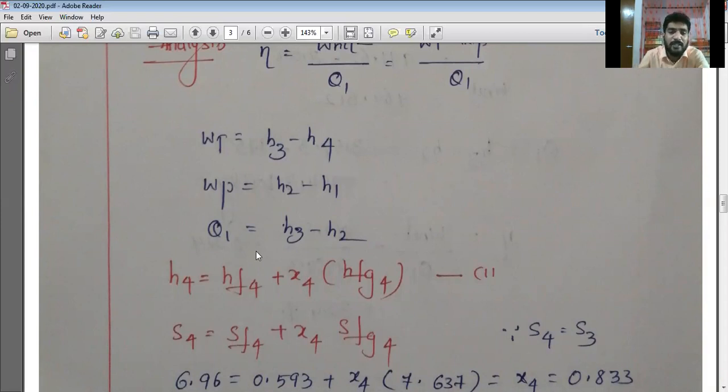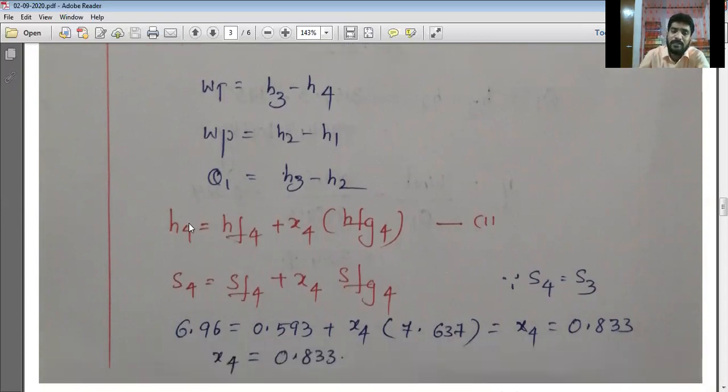Here the unknown value is H4. So I can write the equation H4 is equal to HF4 plus X4 into HFG4. But in this equation you observe there are two unknowns, X4 and H4. So initially I want to find X4, that means the dryness fraction at state 4 in process 4 to 1.